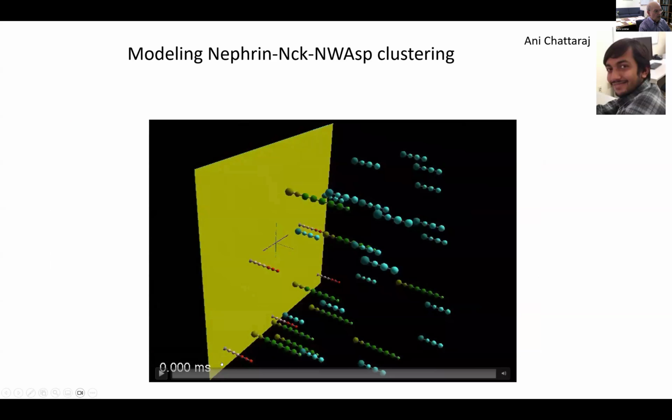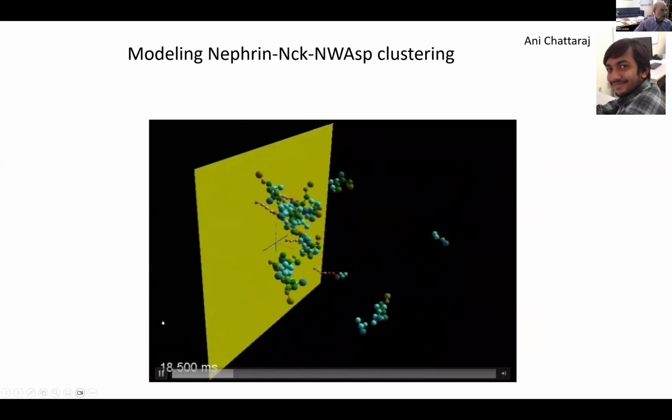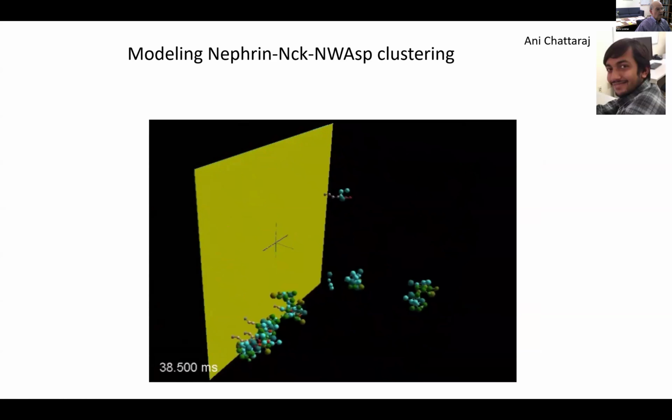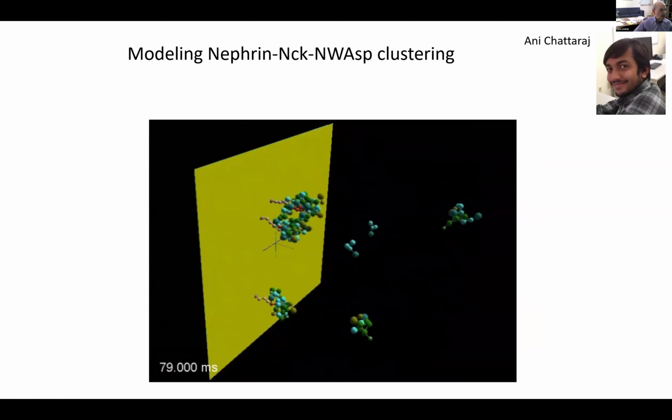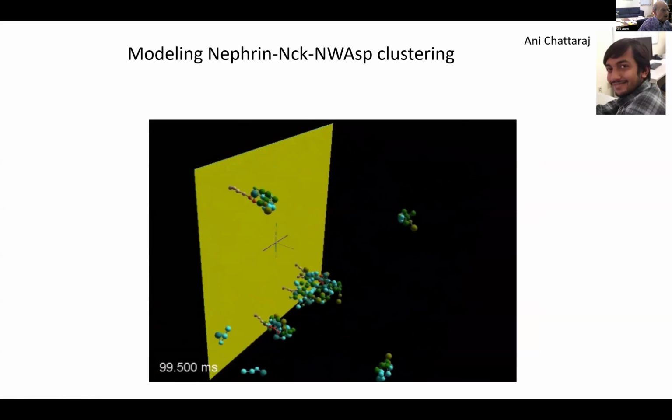And here's what the simulation would look like over about 100 milliseconds. So you see they all start unbound, but after 100 milliseconds, most of the molecules are bound up. Here's one that's still sort of independent, and most of the molecules are associated with the membrane. Here's a big cluster of, looks like maybe 3 nephrins and a bunch of NCKs and NWASP.